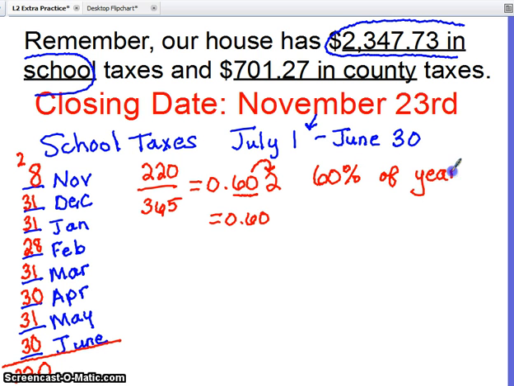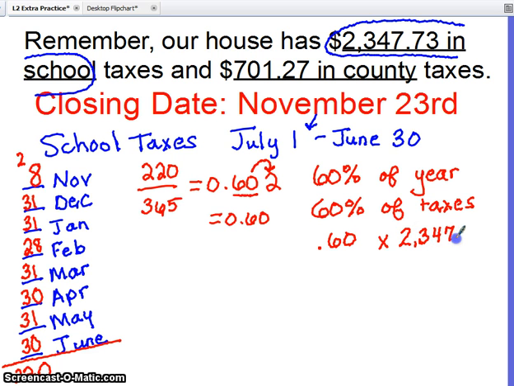So if we own the house 60% of the year, we need to pay 60% of the taxes. 60% is 0.60 because percent literally means out of 100. We want it in the hundredths column. Of means to multiply, and the tax amount for this house is $2,347.73.